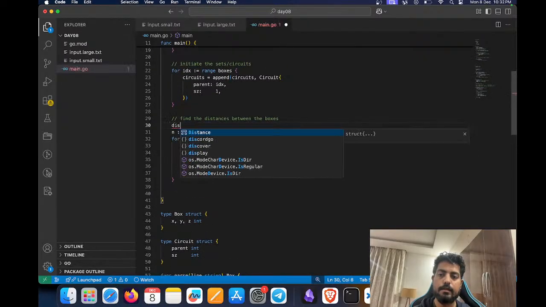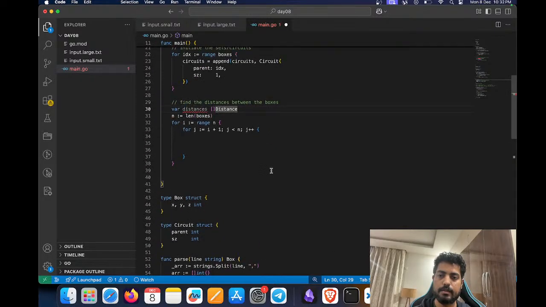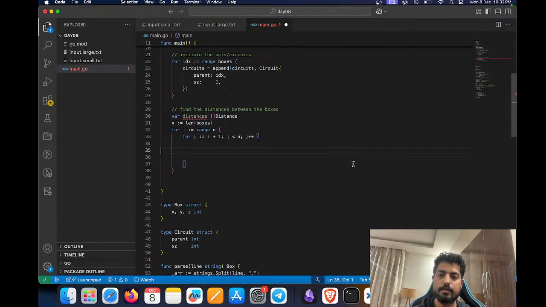So we have this distances array, which is the distance between the two boxes.